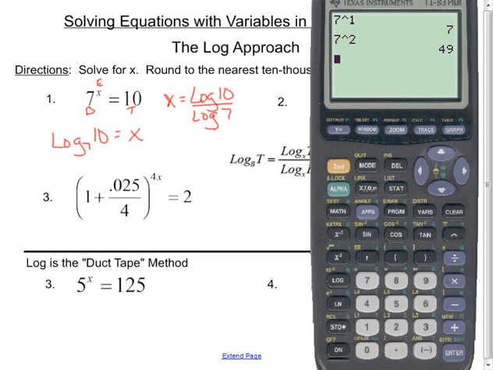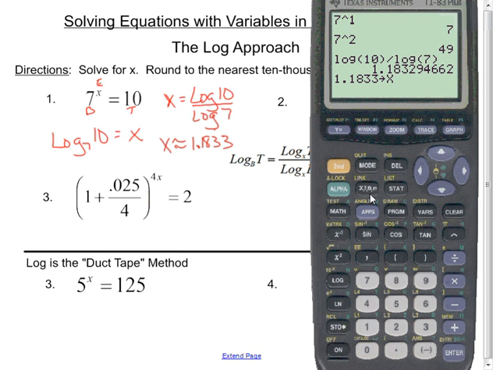So now, just going to my calculator and punching that in, it's going to give me hopefully something between 1 and 2 and closer to 1. And to go to 4 decimal places, I'm going to get 1.1833. So x is about 1.1833.